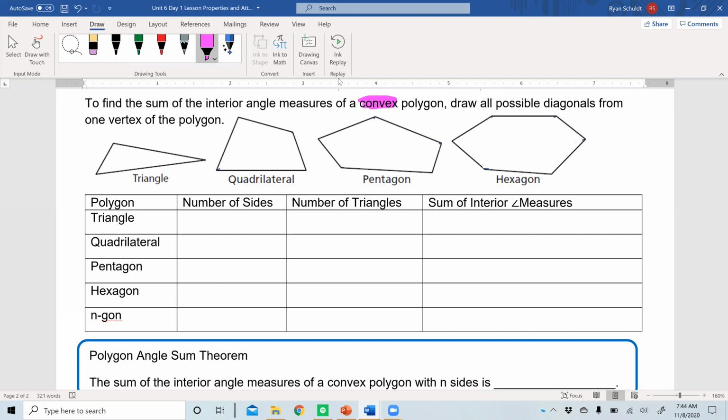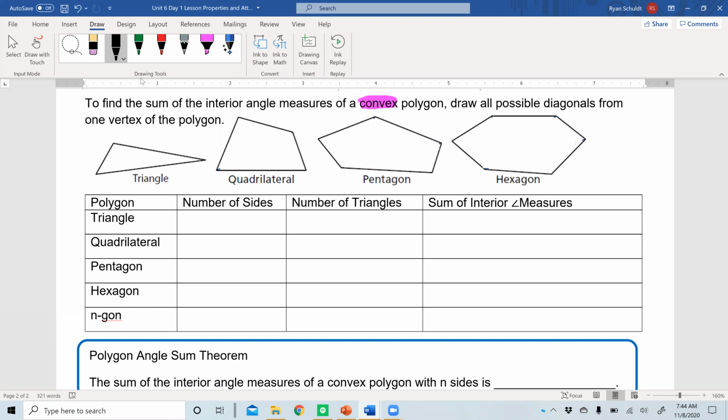Convex. We need to draw all possible diagonals from one vertex of the polygon. So on the triangle, are there any diagonals I can draw? No.